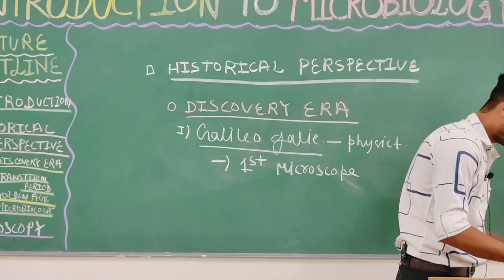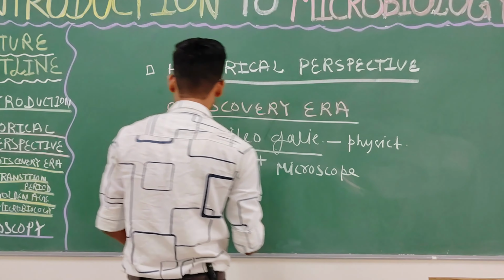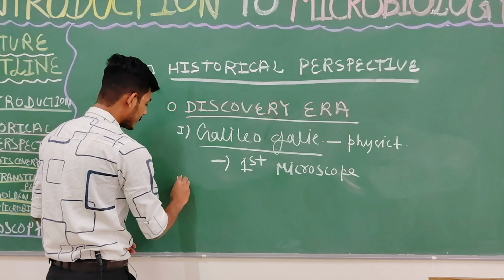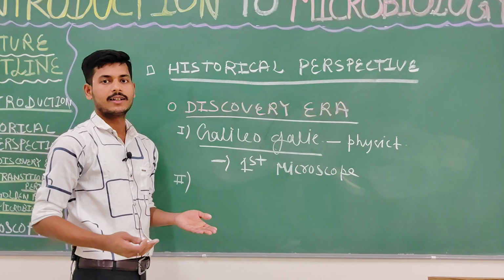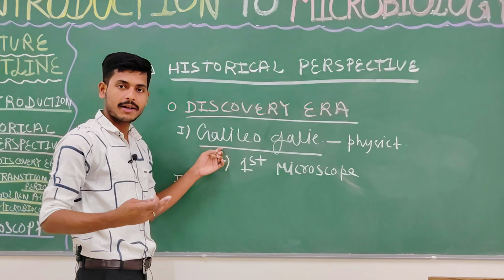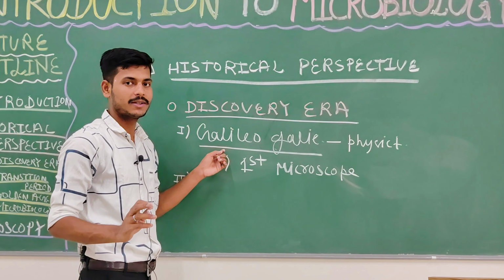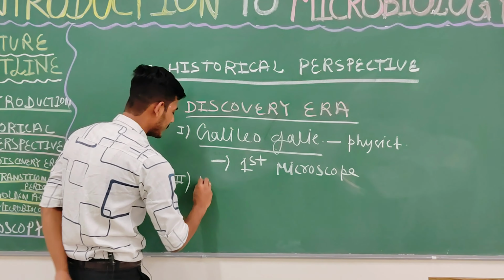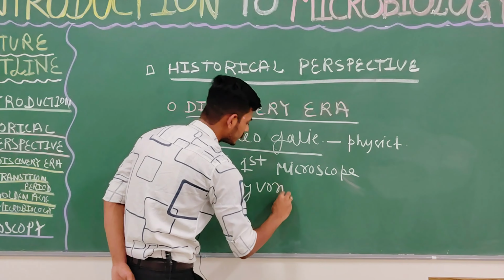Now there was another person who discovered a comparatively high magnifying microscope, and the person's name is Antony von Leeuwenhoek.